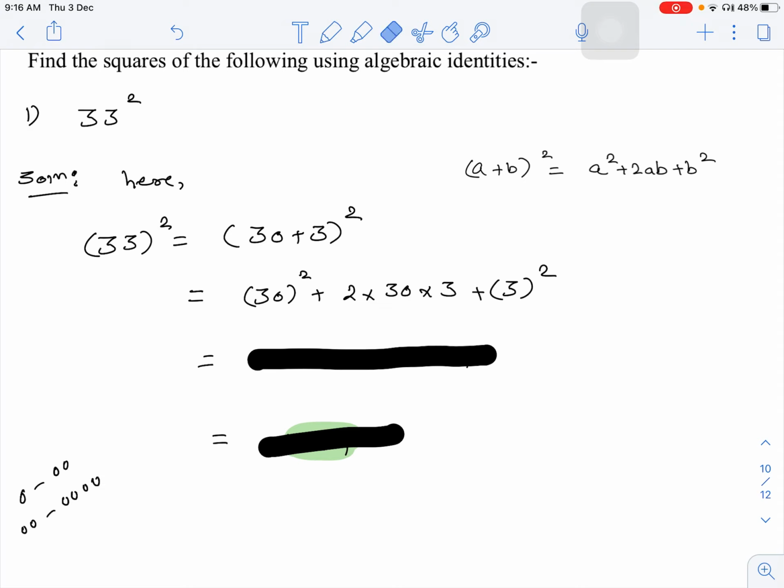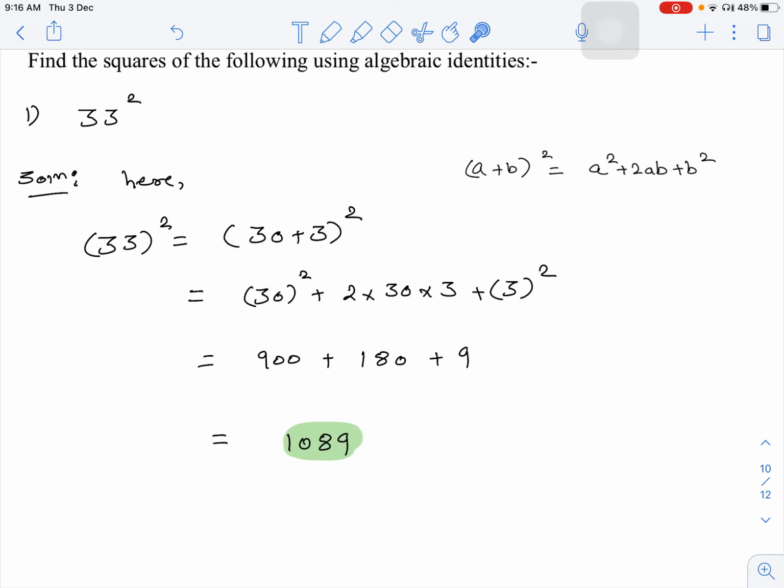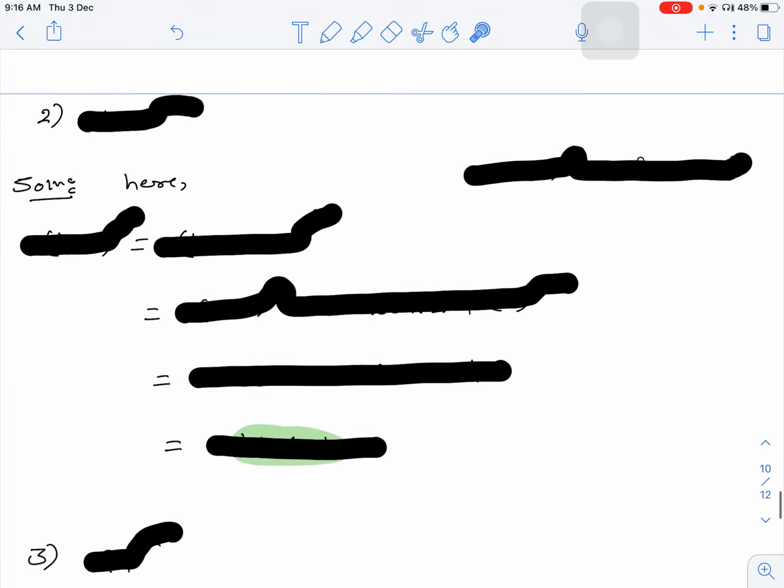So 30 square is 900, then 2 threes are 6, 6 threes are 18, so we get 180, and 3 square is 9. Now finally just go on adding: 9 plus 0 is 9, 8 will be as it is, and 9 plus 1 will become 10. So what is the square of 33? That is 1089. Okay, now let us solve one more example.